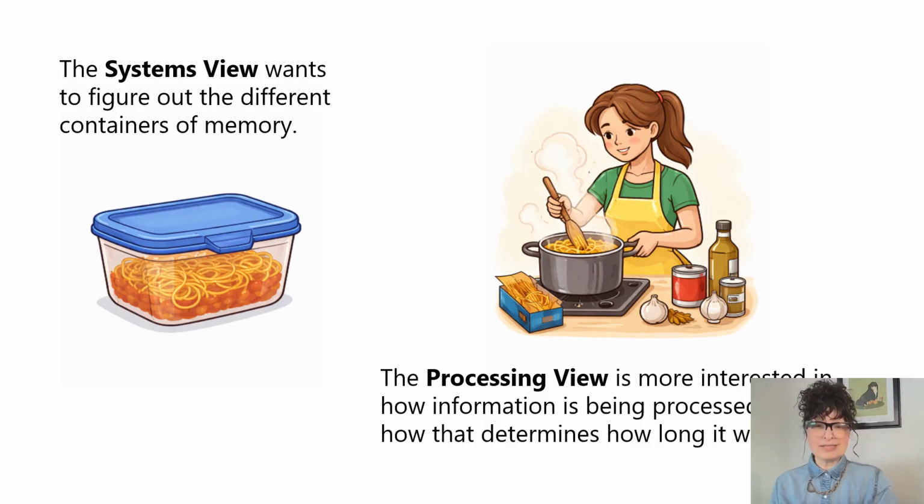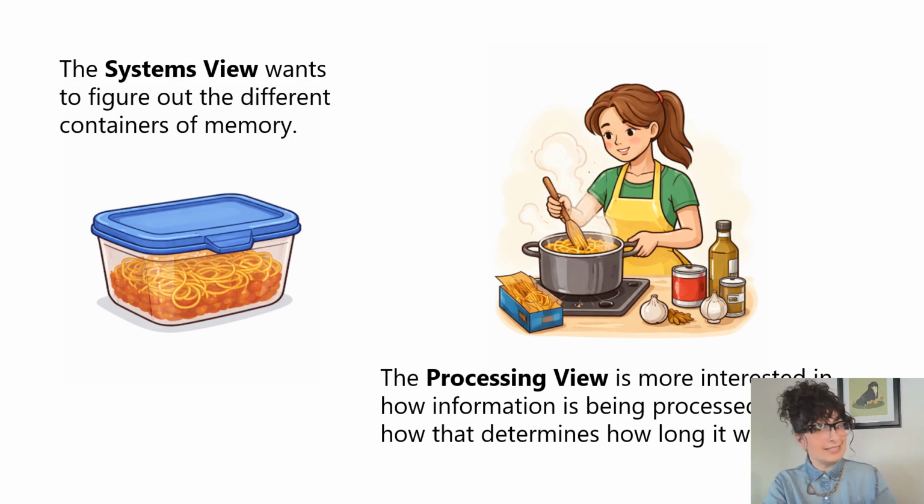The processing view of memory, thinking about short-term memory, is that rather than treating short-term memory as this distinct structural system, this view treats short-term memory retention as the result of ongoing cognitive activity. So information remains in conscious awareness only as long as it continues to be processed. If processing is shallow, based on visual or phonological features, the information is likely to fade quickly.